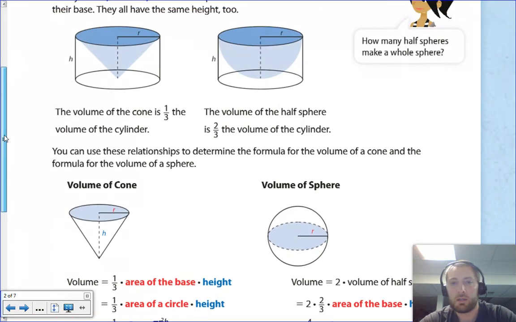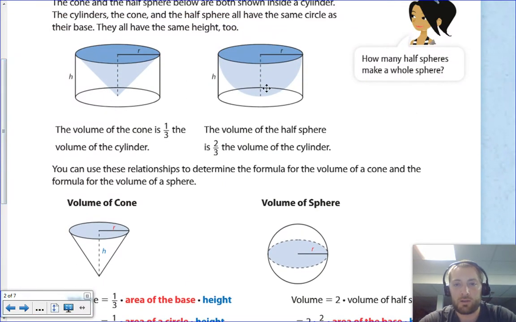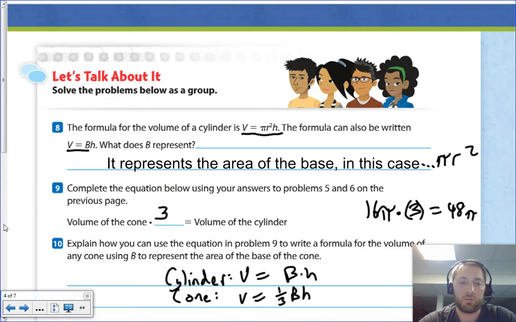The radius of a sphere goes all the way around. So we're not going to dwell on that one too much.